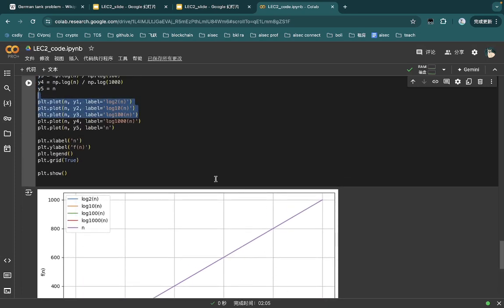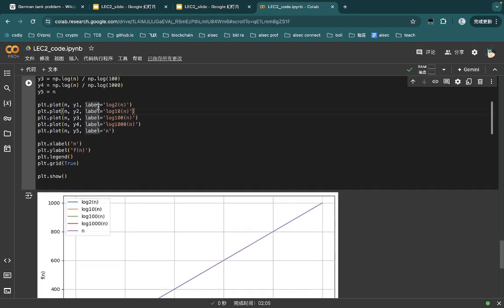Okay, so that's why no matter what the base is, we always say that it's log n, which has 2 as the base by default.